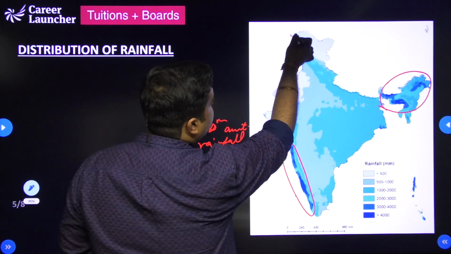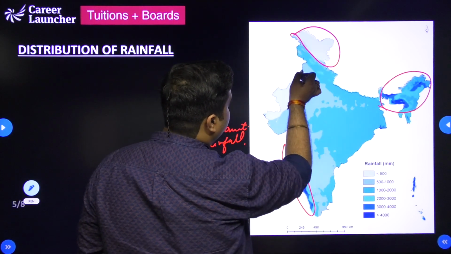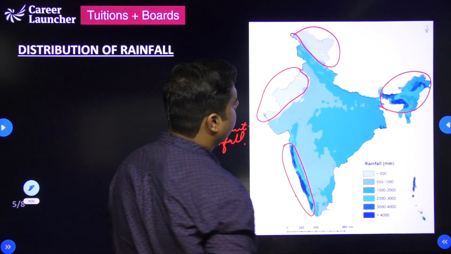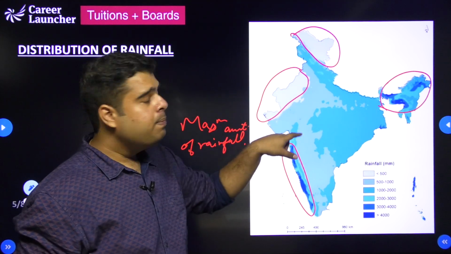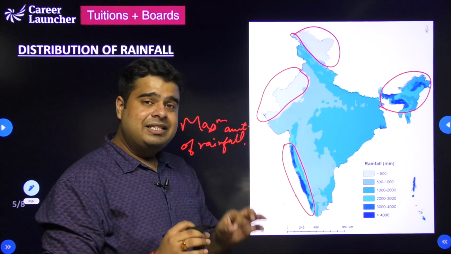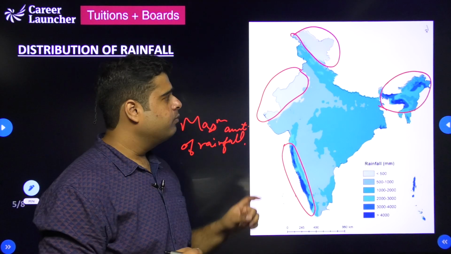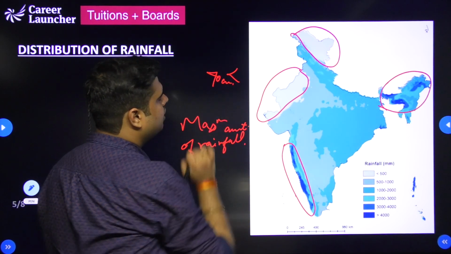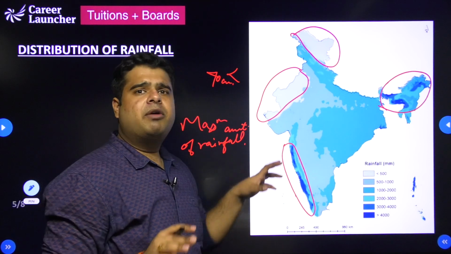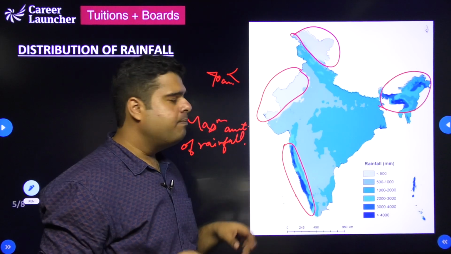These pockets, which are very lightly colored in the north and in this western region, are the regions in Leh and the Rajasthan Gujarat desert area, which receive the least amount of rainfall in a year, somewhere less than 70 centimeters, which makes the environment there very arid, dry.